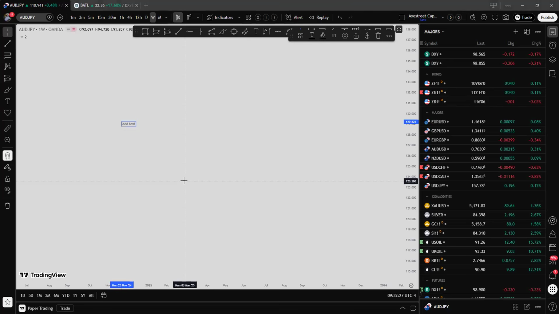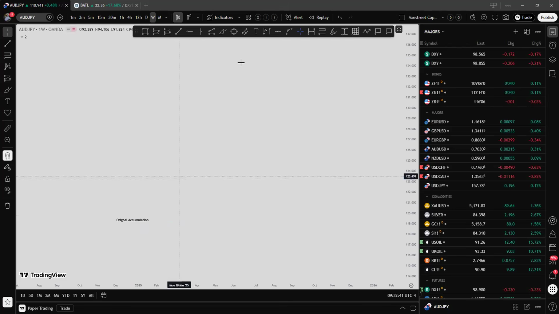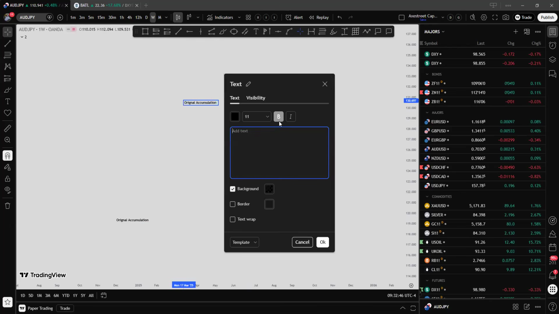So, we have to understand that everything always starts with an original accumulation, right? So, a market maker model starts with an original accumulation, and I'm going to highlight the most important ones to focus on first.